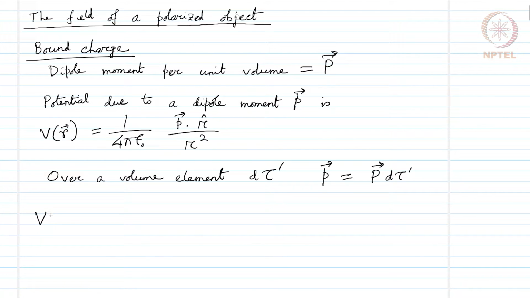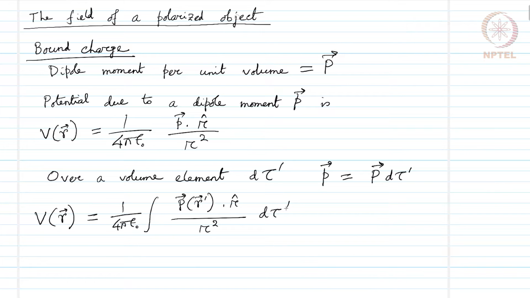Therefore, the potential due to this polarized object can be written as 1 over 4 pi epsilon naught, and now we have to integrate P as a function of r prime, dot r cap over r squared, d tau prime. This is what we have to do.